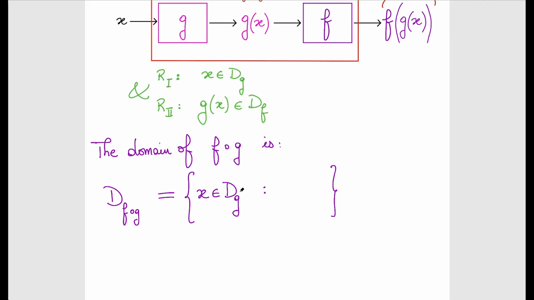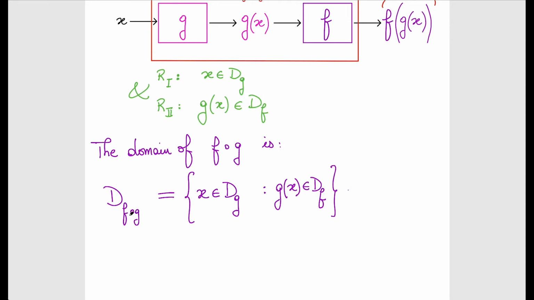So I'm not gonna take all the x that live in the domain of g, because I have a second requirement. Among these, I'm gonna just take those which allow g of x to be in the domain of f. Okay? So this is what the domain of a composite function is.